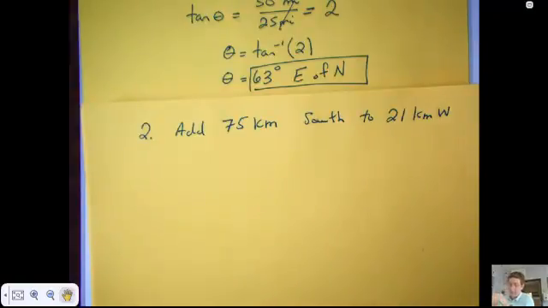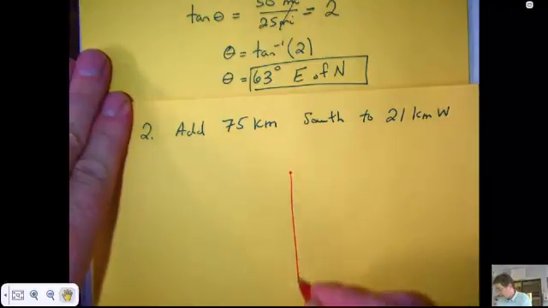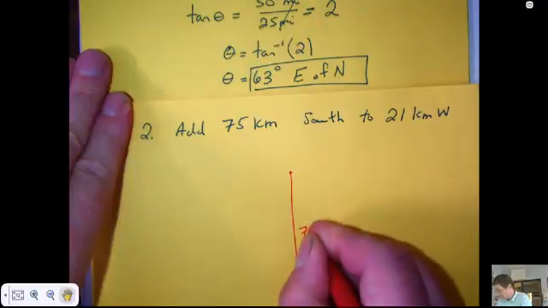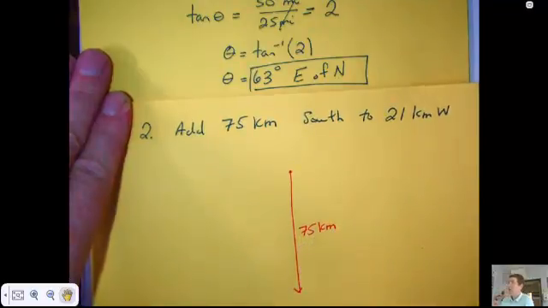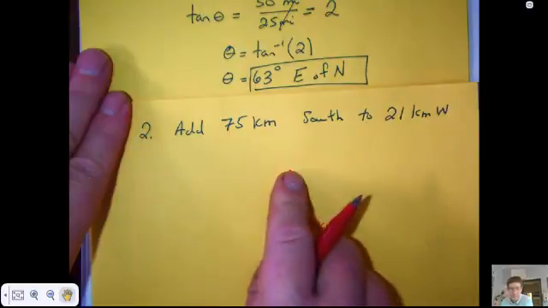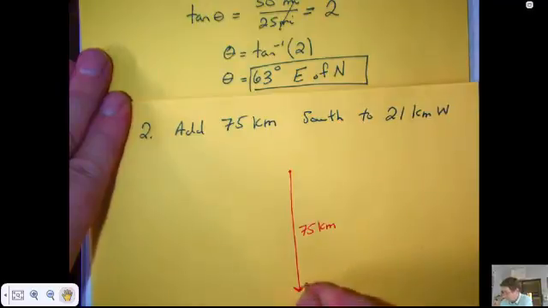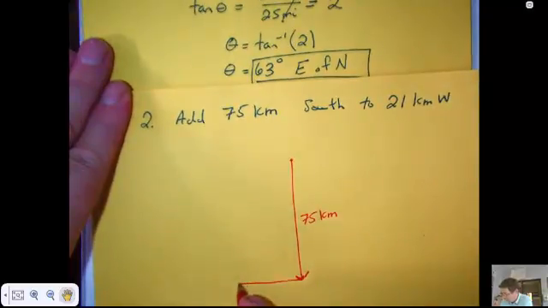Also, remember the order in which you add vectors does not matter, you can add them in any order. So you could start with the west one or you could start with the south one. We start with the south, we've got 75 south. Make sure you always draw these tip to tail. Don't ever put the next one on the tail of this one, it goes on the tip. Then I'm 21 to the west.